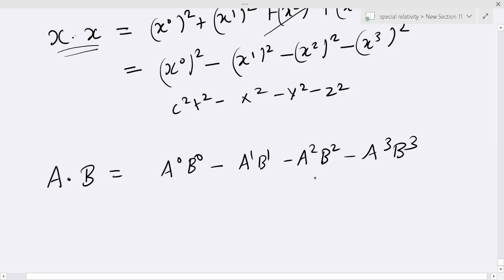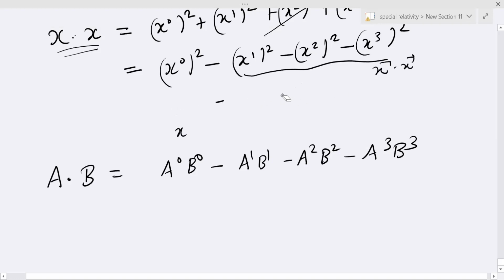This is how we define it. Now this part, you already see that this is actually x vector dot x vector. So another way of writing it is x0 square minus x vector dot x vector.